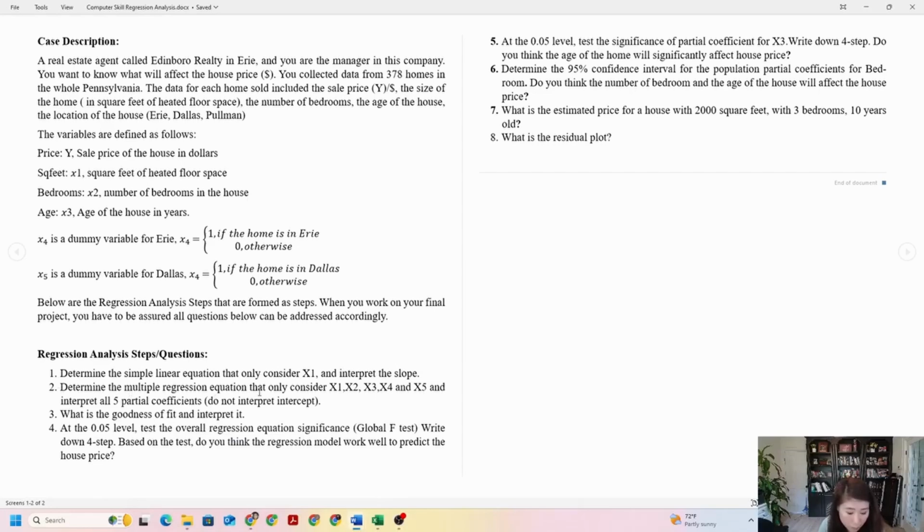Determine the multiple regression equation. First of all, how should this equation look? We have 5 x variables.